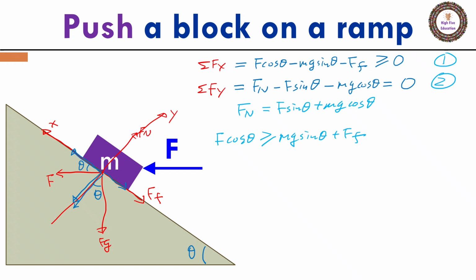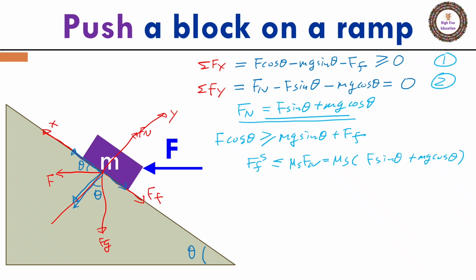If I want to push the block up, that means I need to overcome the static friction force. And I know my static friction force is smaller or equal to mu s times the normal force. Since I have my normal force here, I can find out the maximum static friction force, which is mu s times this whole thing. That is F times sine theta plus mg times cosine theta, right?